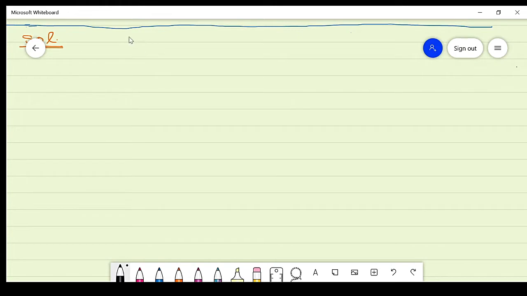So N is a normed linear space. Now there are two norms, norm 1 and norm 2.